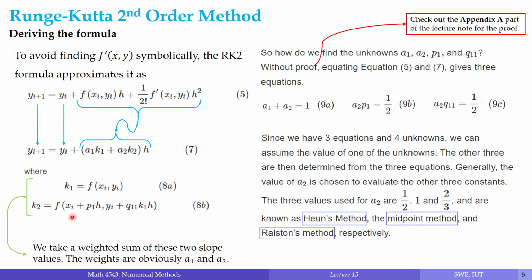So at some point between the starting point and the ending point of that step, we take another slope value k2. Why intermediary? Because you can see that a portion of the h value is being added with the xi value, and at that particular x value, we are taking an approximation of the dependent variable y.